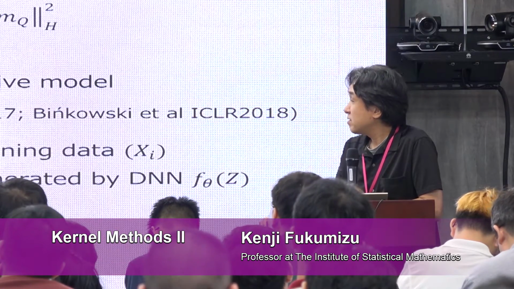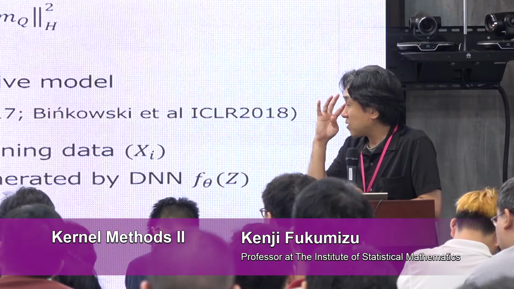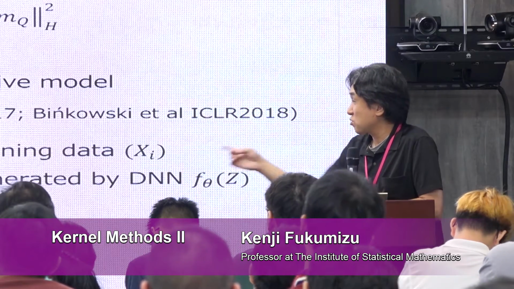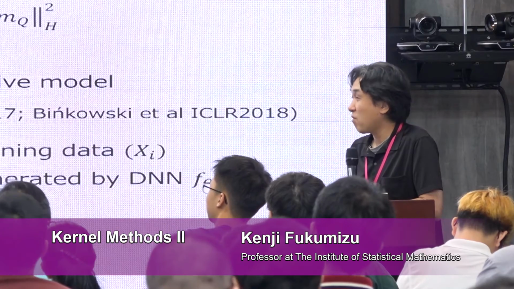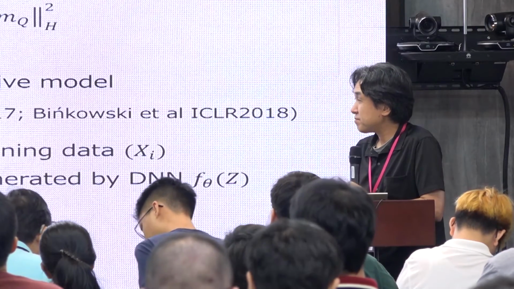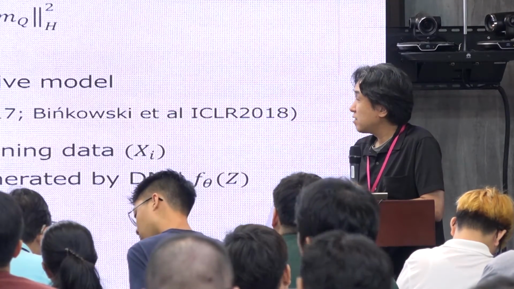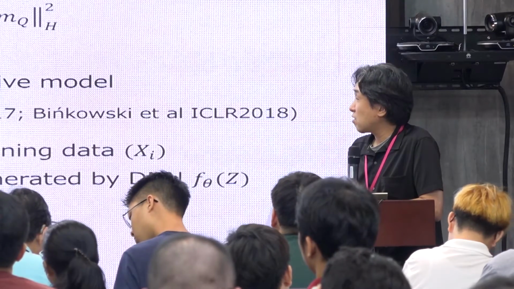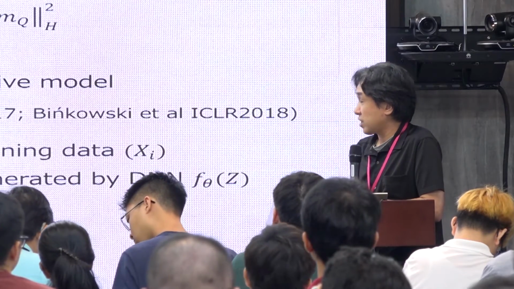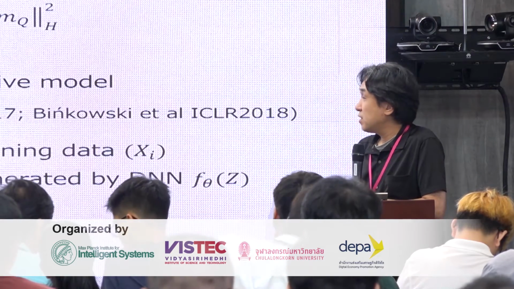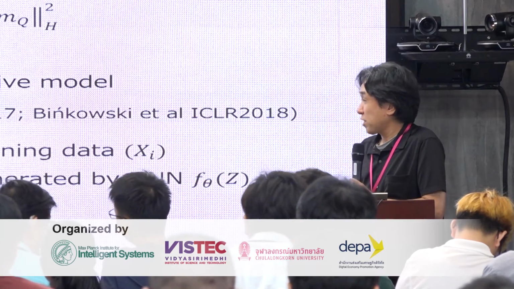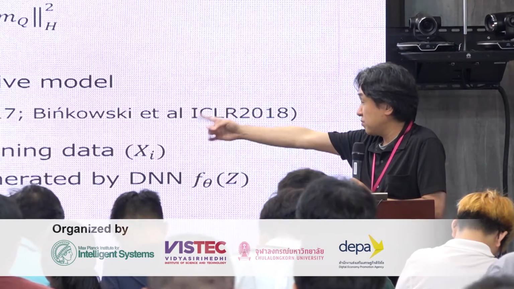And people are trying to include some sort of discriminator here, and that improves the performance. Yeah, but the original form is just given in this way. We don't need discriminator. In another sense, discriminator is already solved in the form of norm.